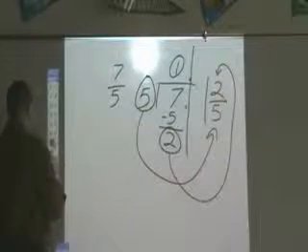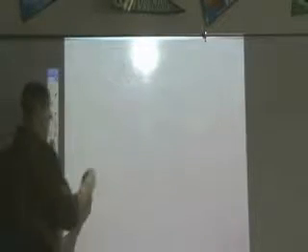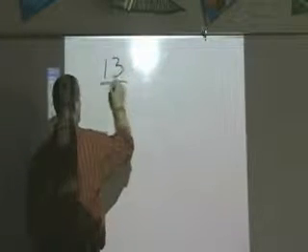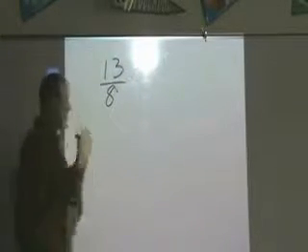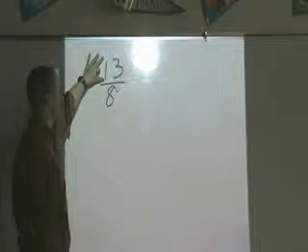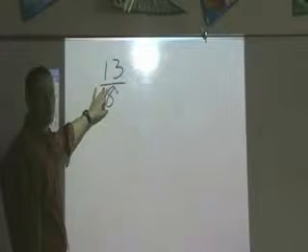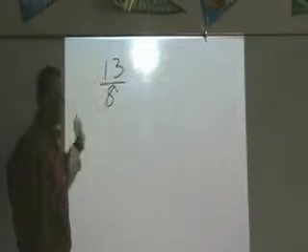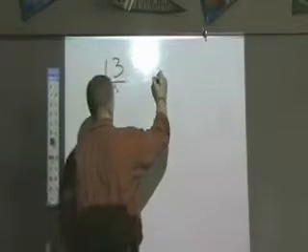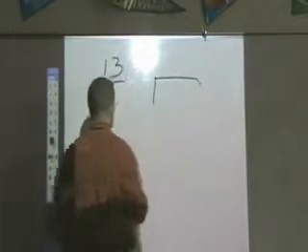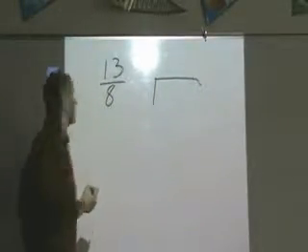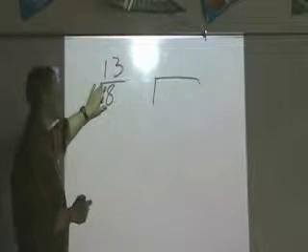Let's work another example. Let's take 13/8. An improper fraction because my numerator is bigger than my denominator. So I want to make it into a mixed number. Here we go. Divide it out. What number goes inside? Is it going to be my numerator or denominator?